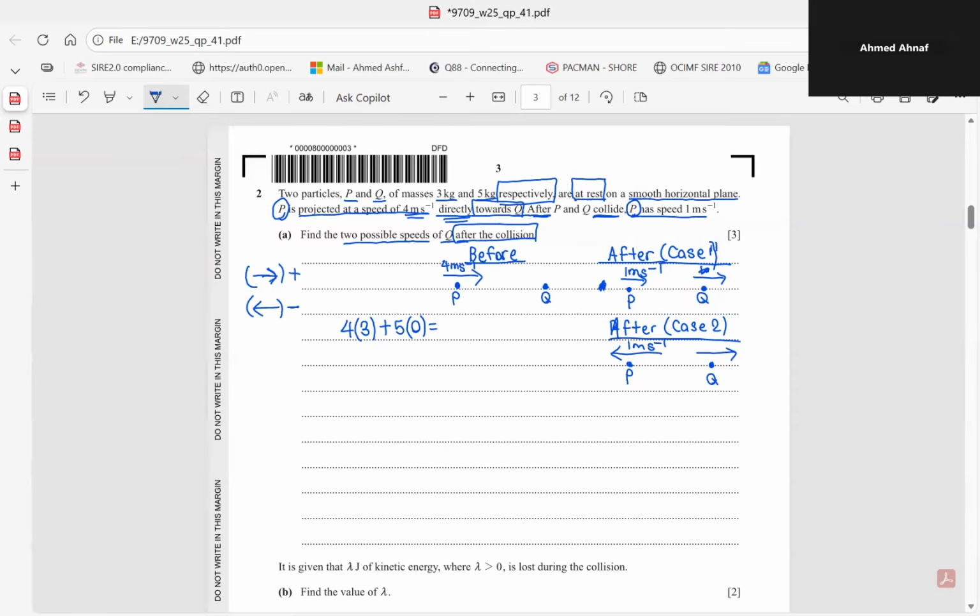And that would be equal to, okay, this is for case 1, P, that is 3 kg times 1, and then plus Q is also moving in the same direction, so that's also positive. So Q, that would be 5 VQ.